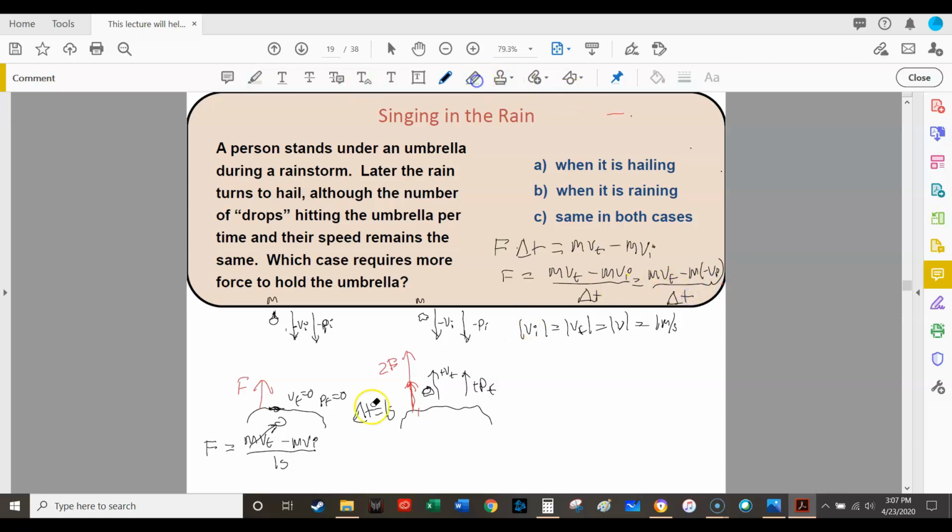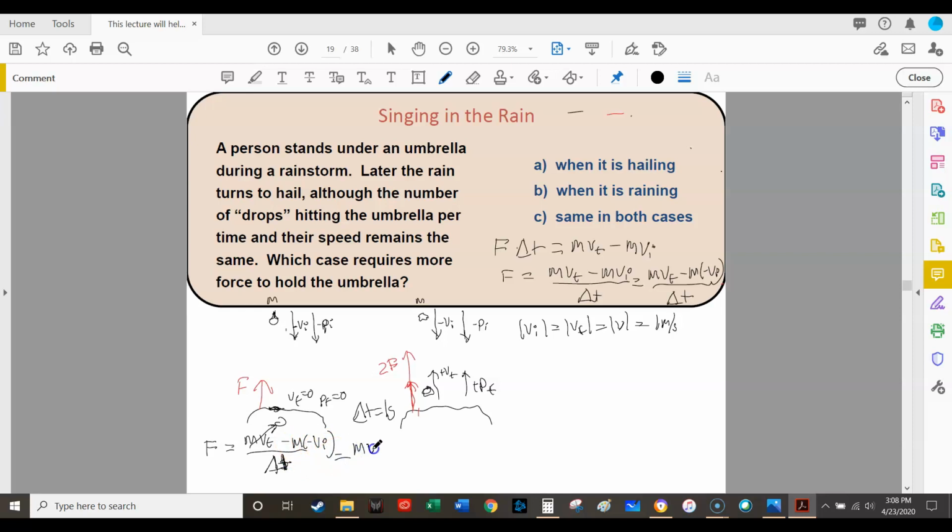So what I'm saying is this initial velocity is a negative number, right? And I should just put delta t here just to keep my equations, right? So both objects have a negative velocity downwards.